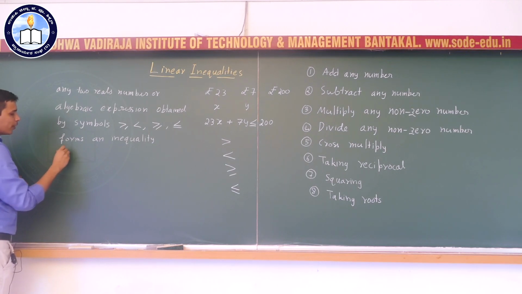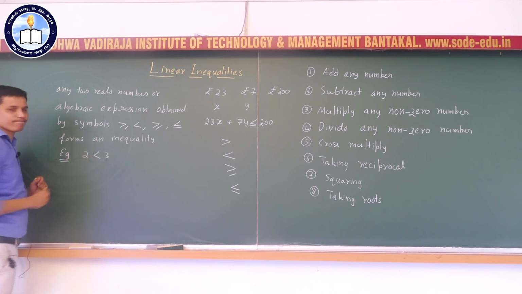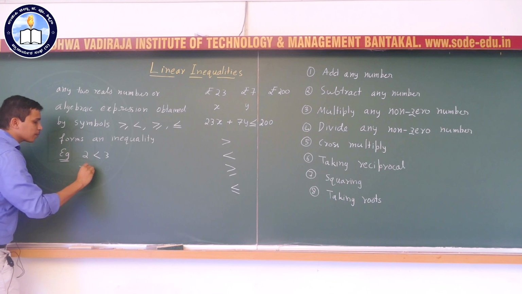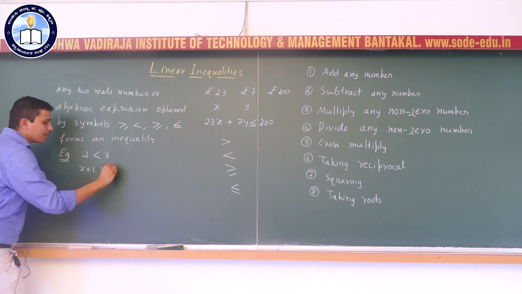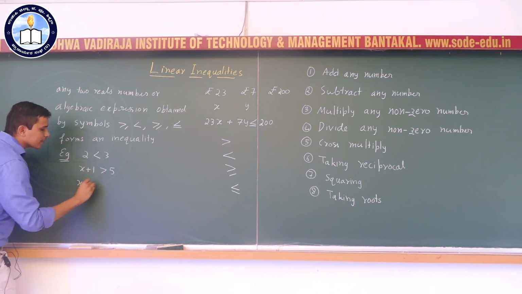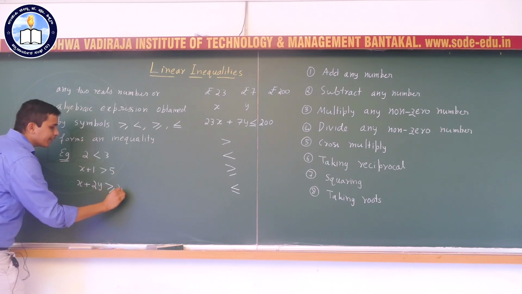Normally we write 2 is less than 3, right, agreeing. If it is an expression, x plus 1 is greater than 5. Otherwise, something like x plus 2y, which is greater than or equal to 20.